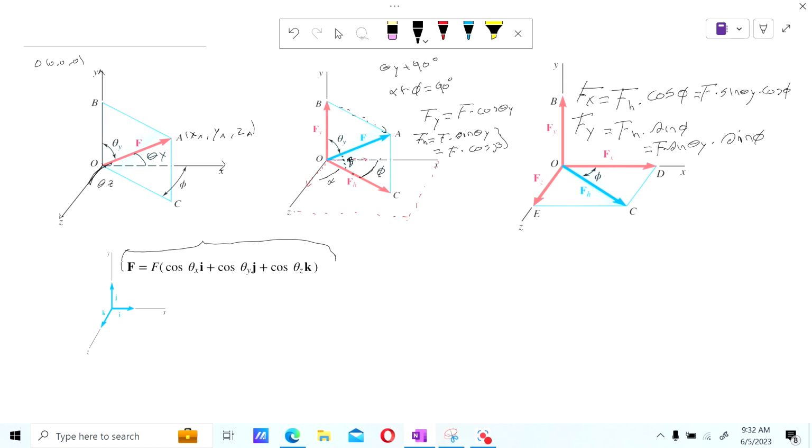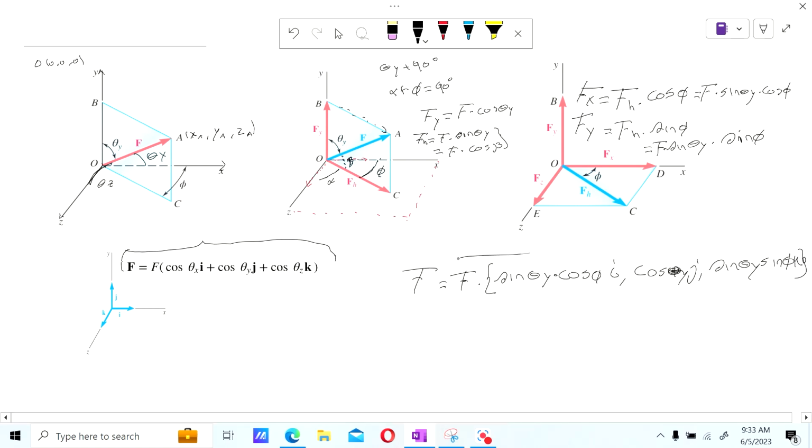In our case, they give us a different set of angles, with the projection. The force is equal to the actual vector times, in x, actually it's not cosine, it's sine of theta y times cosine of phi in i, comma, cosine of theta y in j, comma, sine of theta y times sine of phi in k.